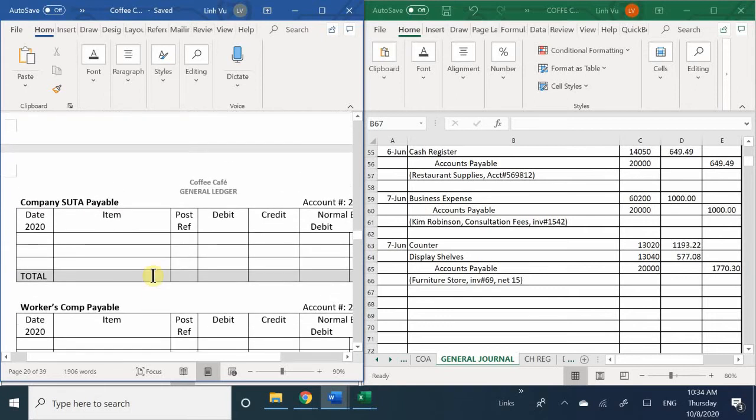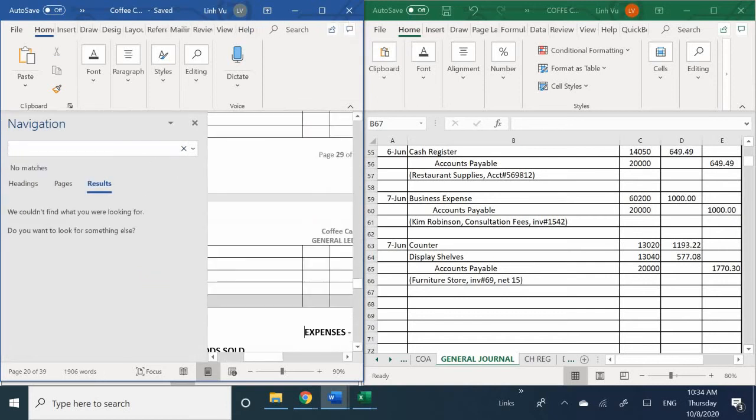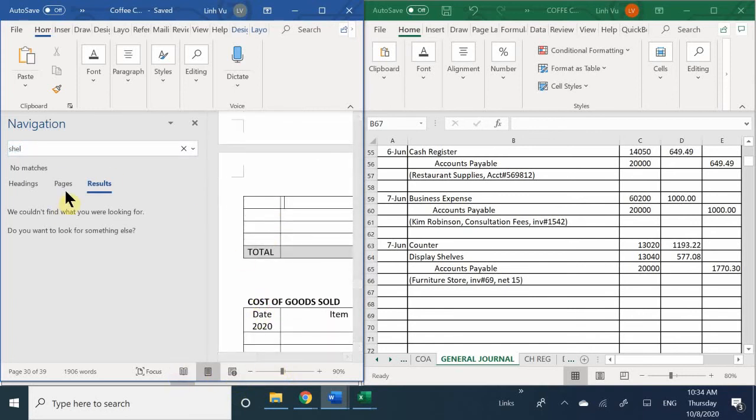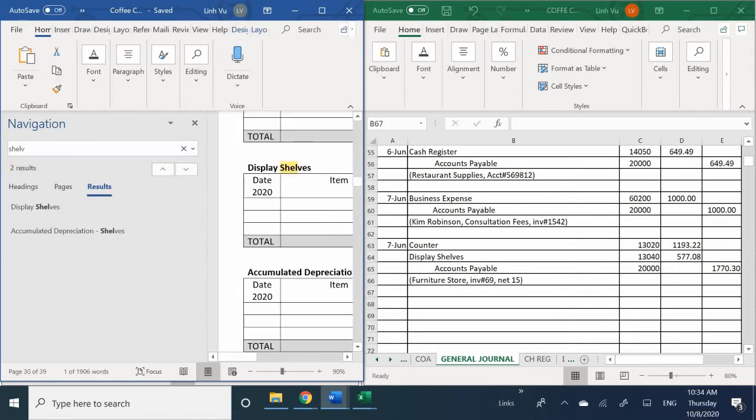Okay, so it's not activating it. There you go.